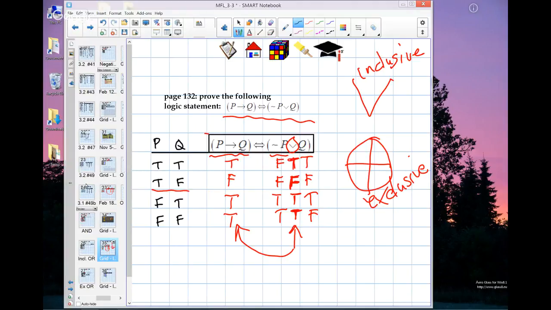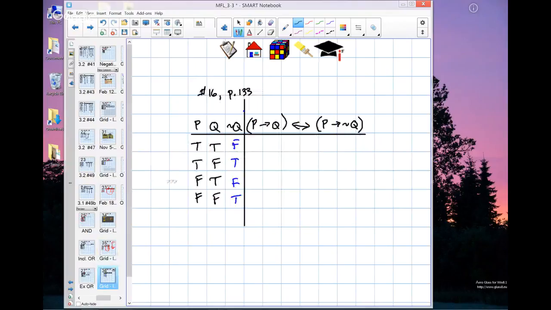Okay, let's go to another example. Here's one of the problems from the assignment. It's number 16 on page 133. And again, I'm going to erase the not Q because I'm going to do it a little differently.